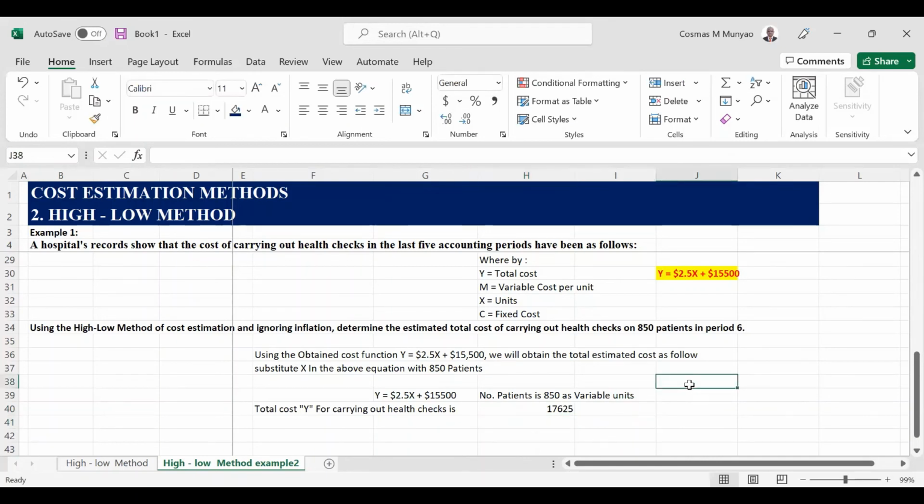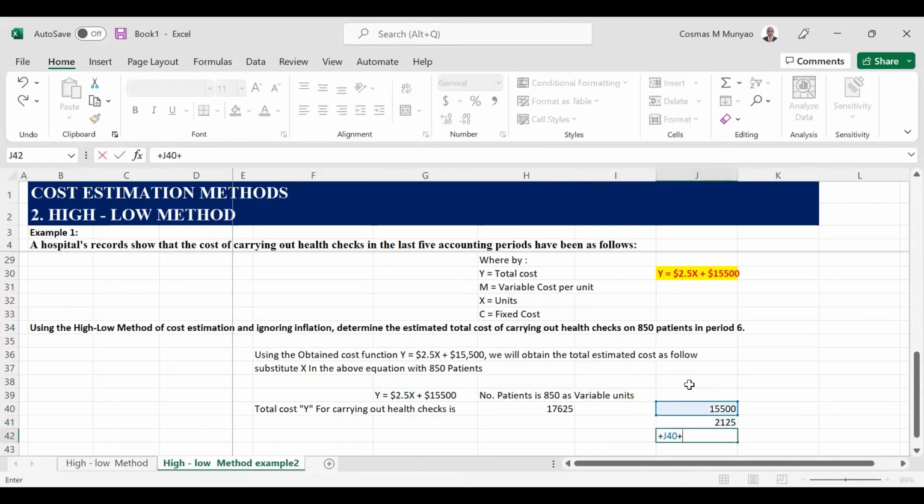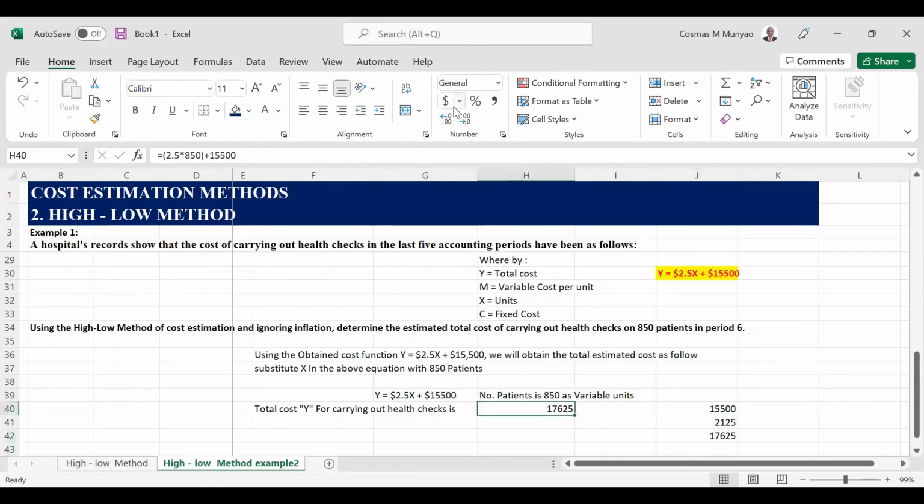If you doubt, just add 15,500, and then take 2.5 times 850, then plus this. That is the answer. So this is the total cost.